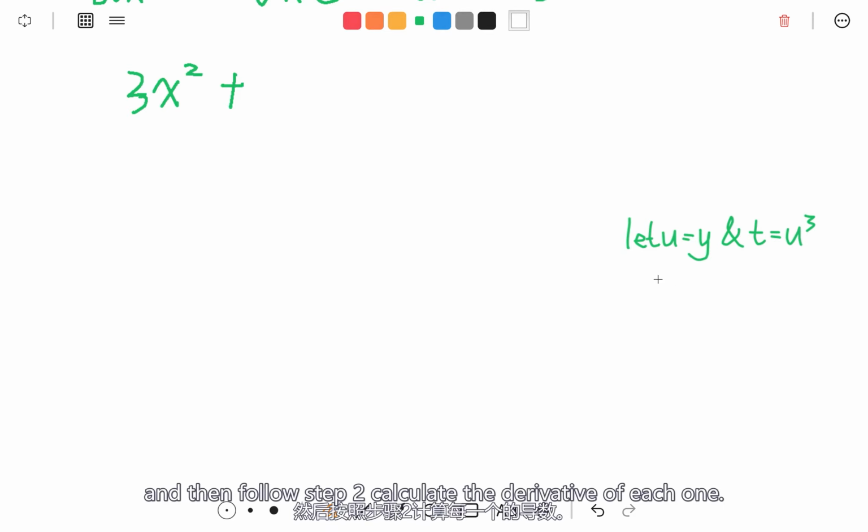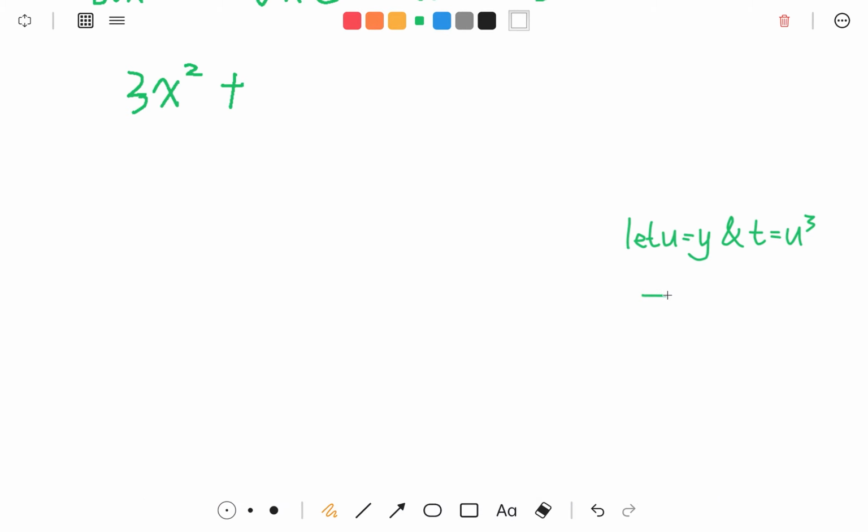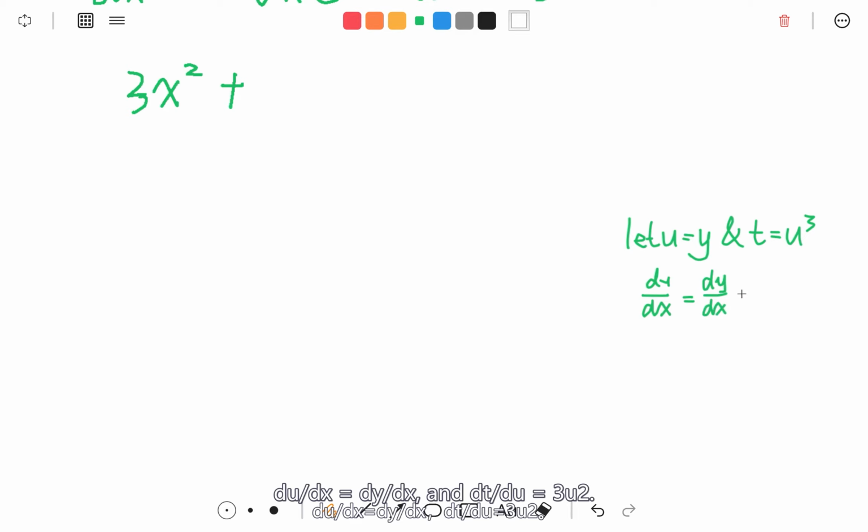And then follow step 2, calculate the derivative of each one. du dx equals dy dx, and dt du equals 3u squared.